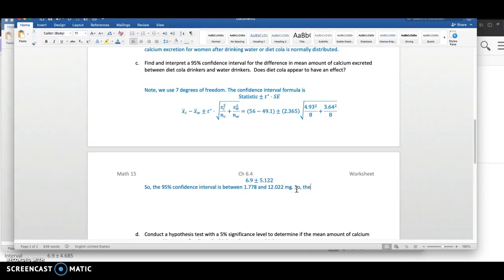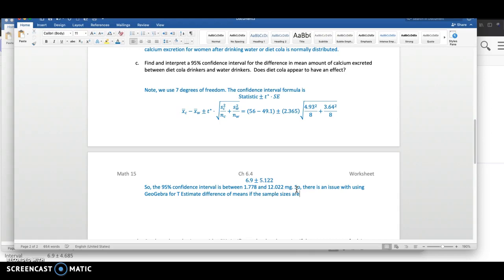All right, so there is an issue with using GeoGebra for a t-estimate, difference of means, if the sample sizes are fairly small.